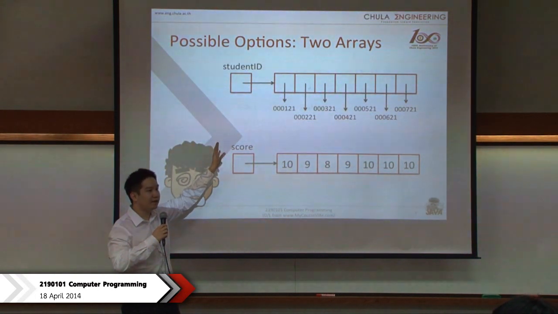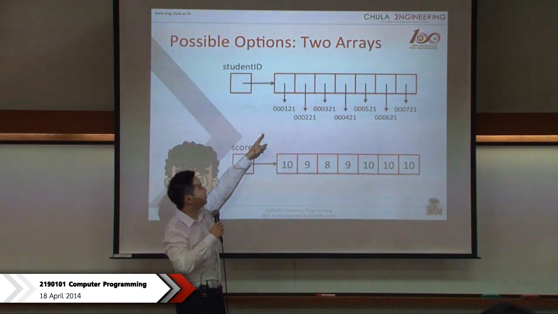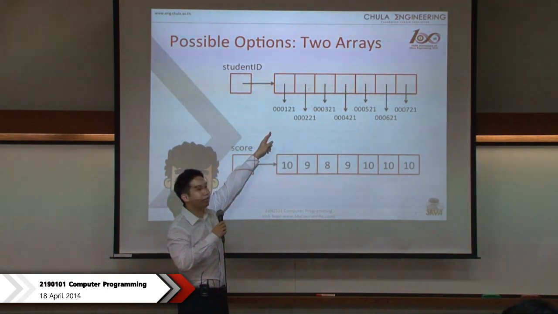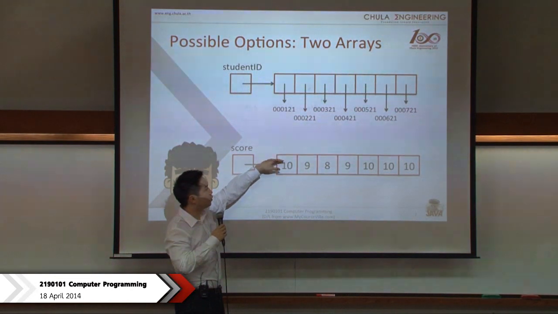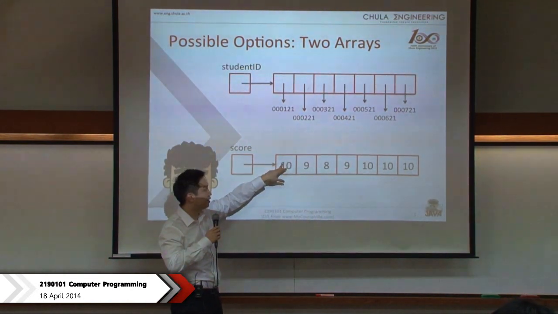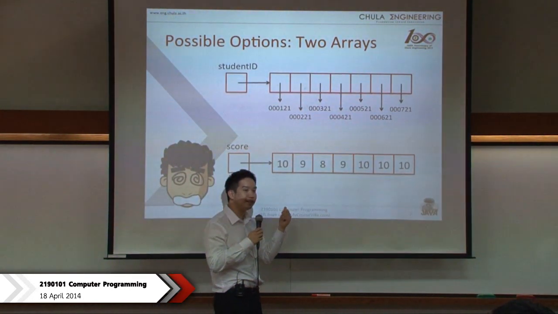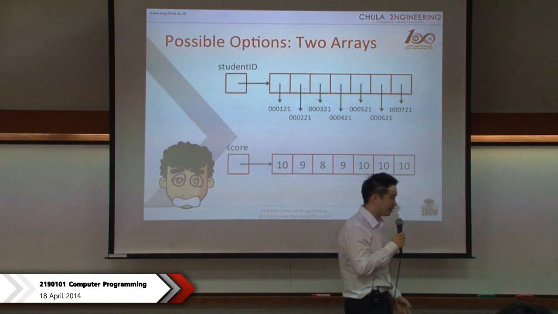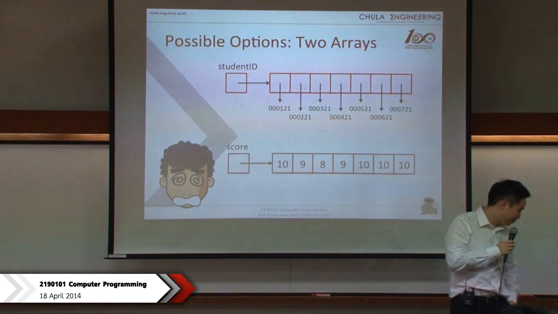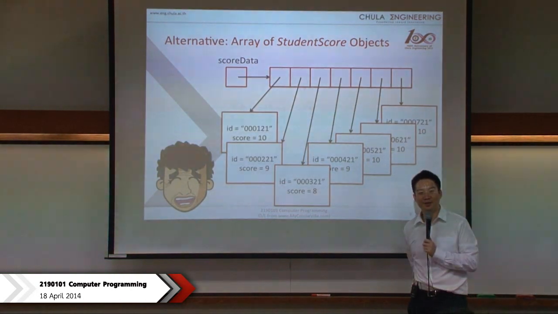It's pretty hard to relate the two because if I access one array, I get the student ID, and then I have to go to another array to access the corresponding exam score for that student. It's kind of cumbersome. And if you did this on the final exam, I can guarantee you that you'll get a 0 for that problem. You probably don't want to do that, do you?